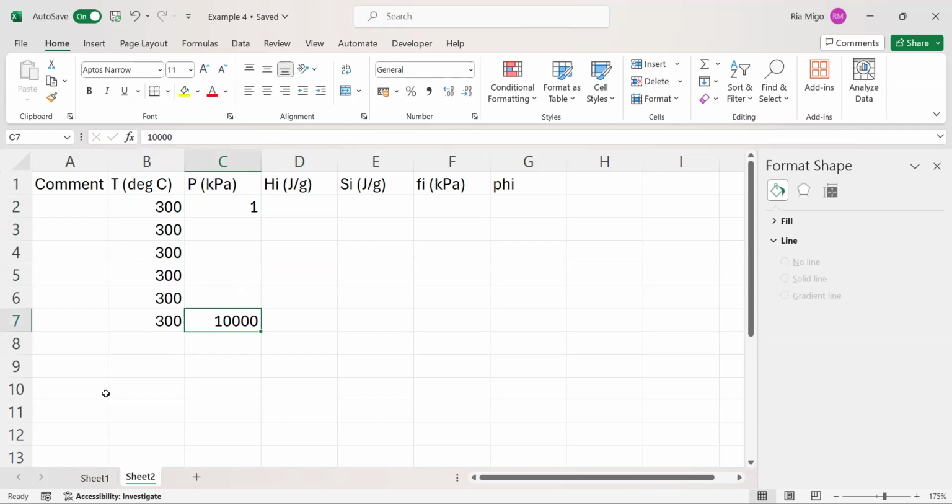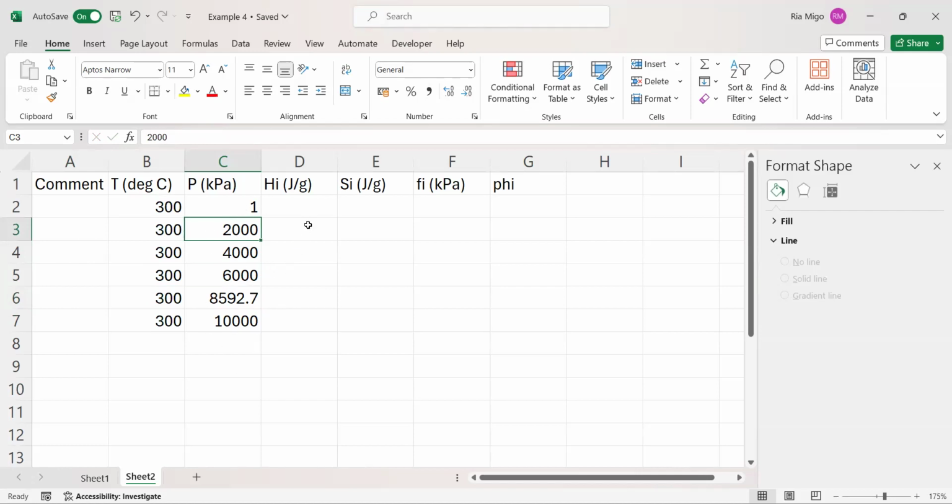It will be worthwhile if we include the saturation pressure, which is 8,592.7. And then below that, let's just arbitrarily select some pressures. So it's up to you. If you want more pressures, you can insert lines between these pressures. Like if you want to calculate for every 1,000, that's okay. That depends on you.